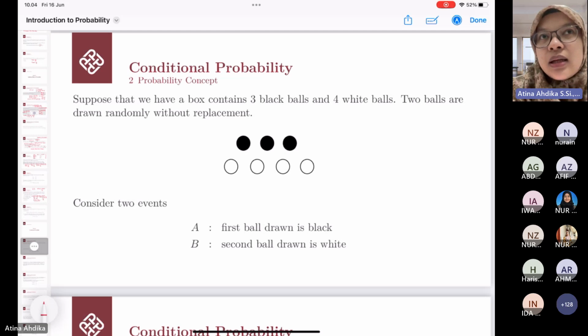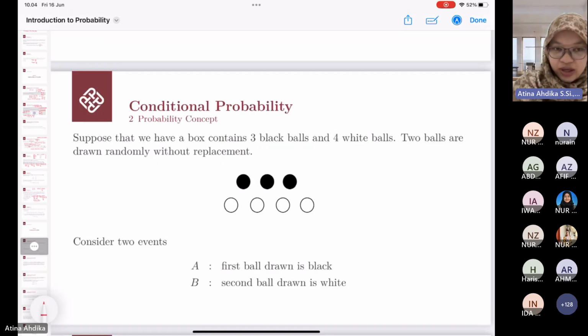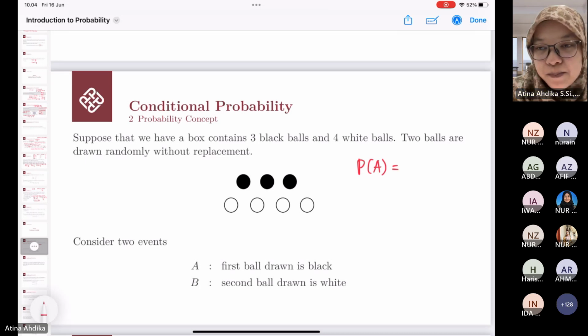The probability of A is equal to, what is the probability of A? 3/7. Right, 3/7.